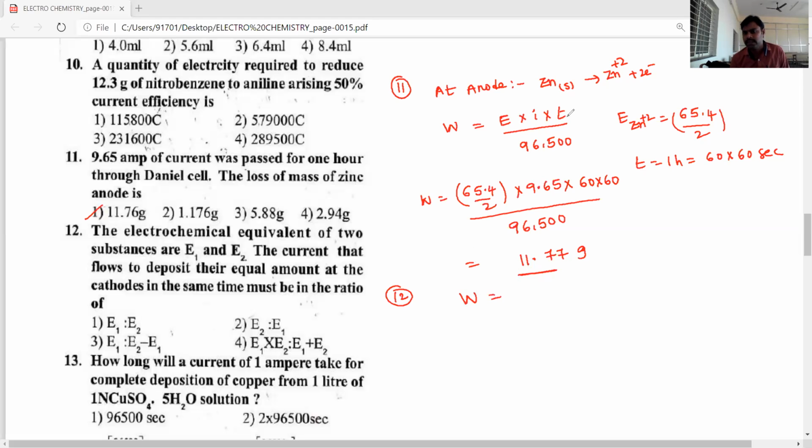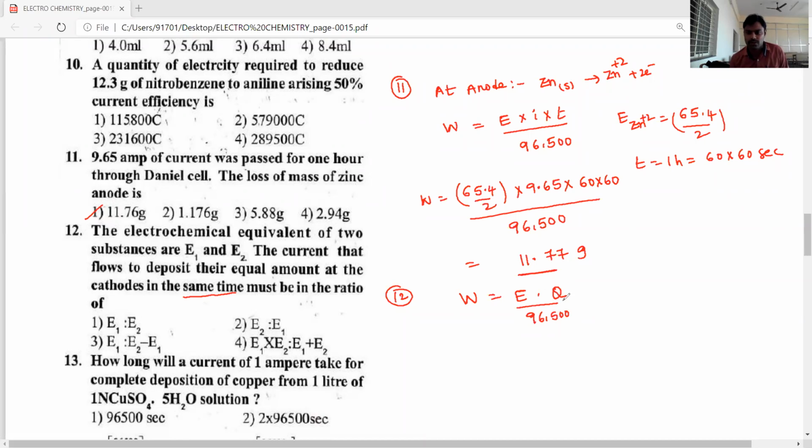the weight W equals E into I into T by 96,500. I into T is nothing but Q, so W equals E into Q by 96,500. For the electrochemical equivalents E1 and E2, the current flows to deposit equal amounts at the cathode in the same time period.